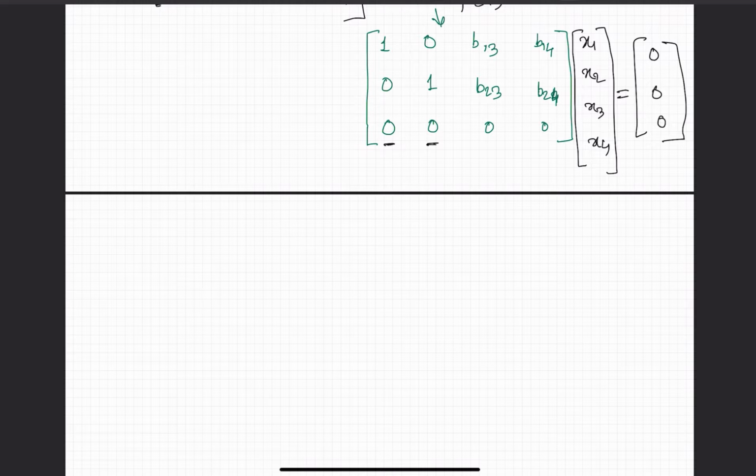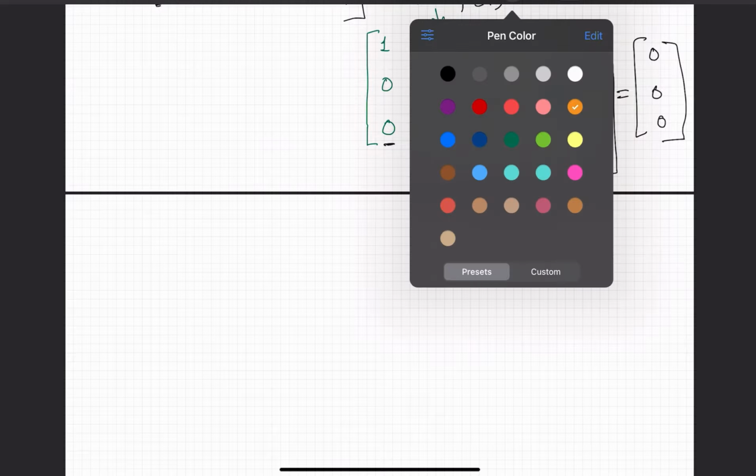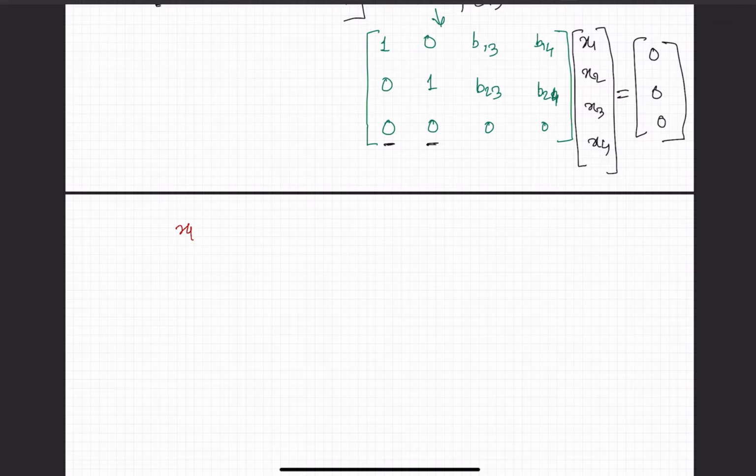We can see the equation is, from this matrix vector multiplication, x1, and x2 will not be there, plus b13 x3 plus b14 x4 is equal to 0, and there will be only one other equation, x2 plus b23 x3 plus b24 x4 is equal to 0.